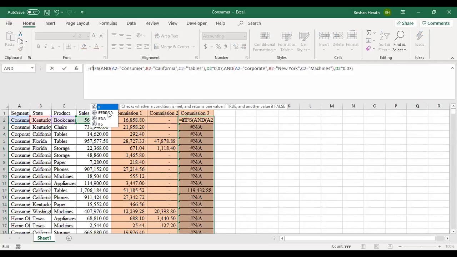See, once you type that, IFERROR comes. Thereafter, you can go to the end of this formula, take a comma, and specify.